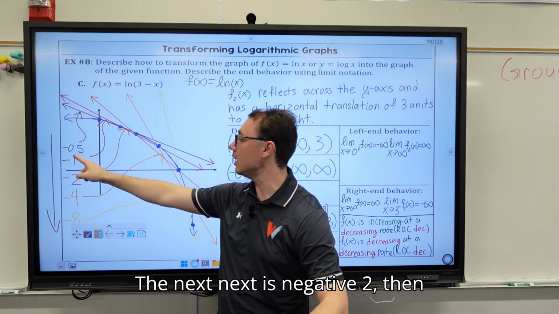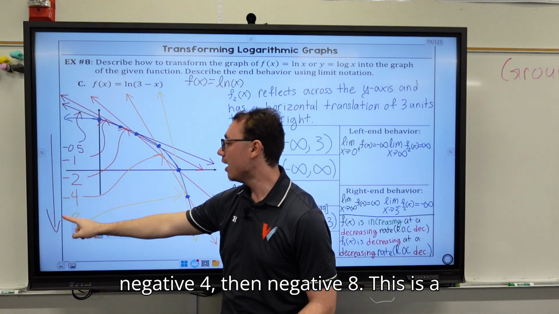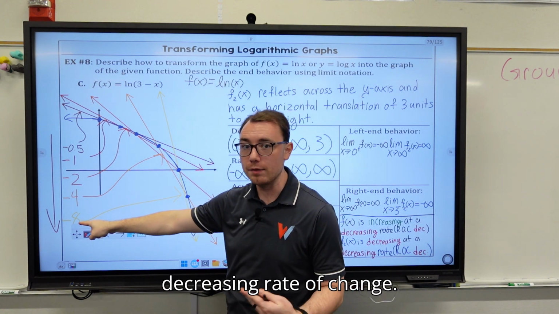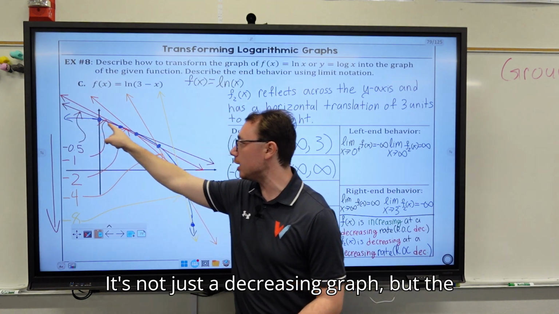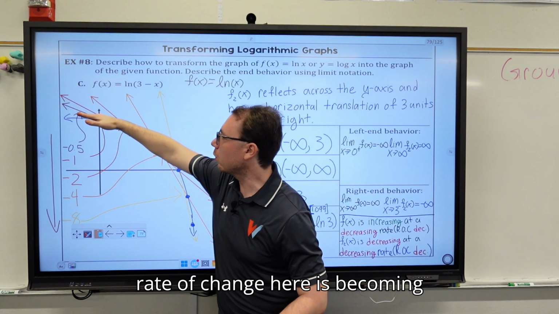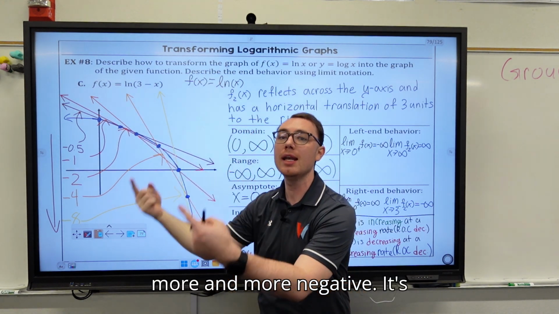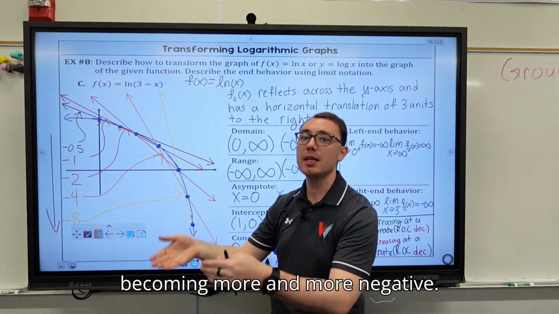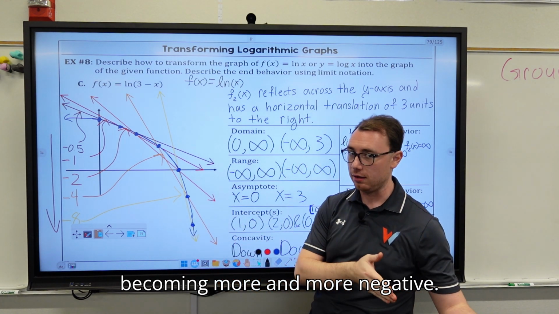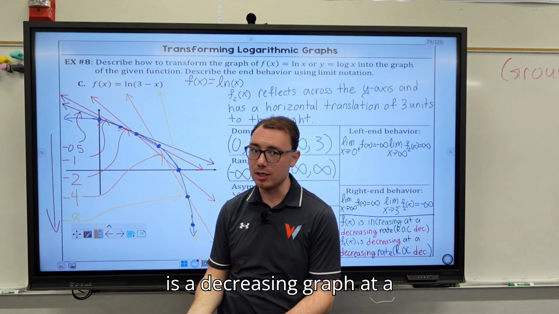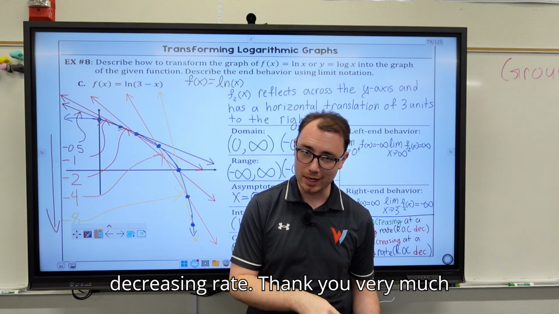The next is negative 2, then negative 4, then negative 8. This is a decreasing rate of change. It's not just a decreasing graph, but the rate of change here is becoming more and more negative. It's lowering its value, so that's why it is a decreasing graph at a decreasing rate.